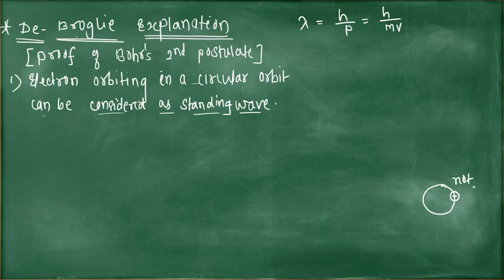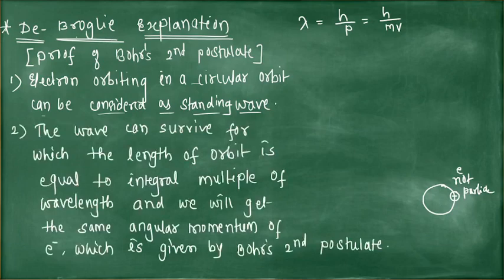The electron is not a particle, but it is a wave. A standing wave is formed in the orbit due to motion of this electron. Standing wave or stationary wave. So when the electron revolves, a stationary wave is associated with this electron.